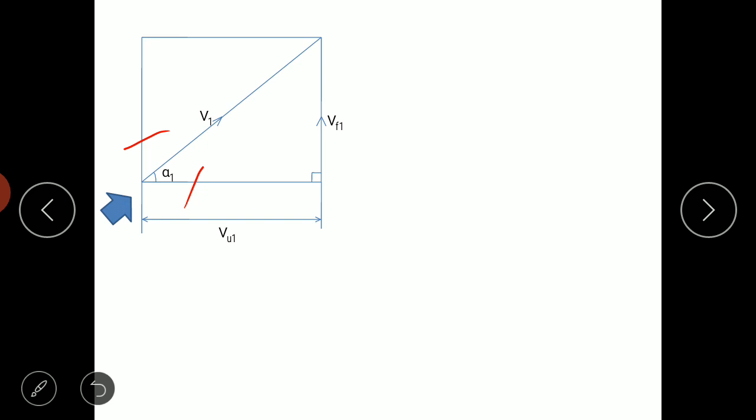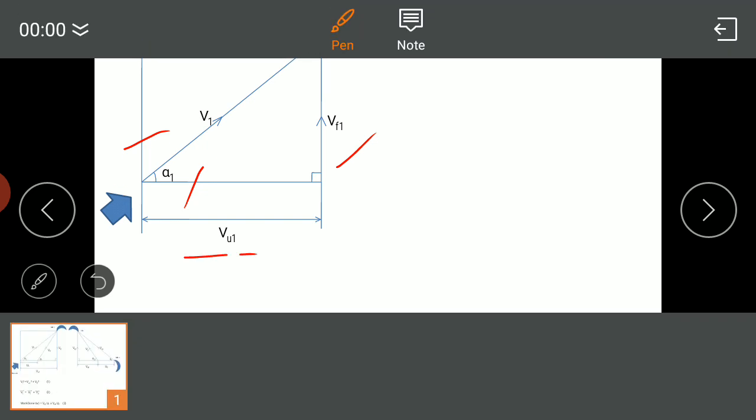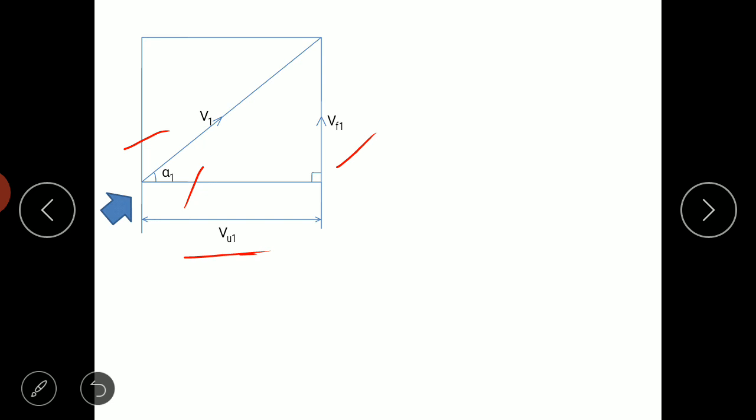How do we get the horizontal and vertical components? All of you know this is a right angle triangle with V1 as the hypotenuse, which is the absolute velocity. For the angle alpha 1, Vf1 is the opposite side and Vu1 is the base.